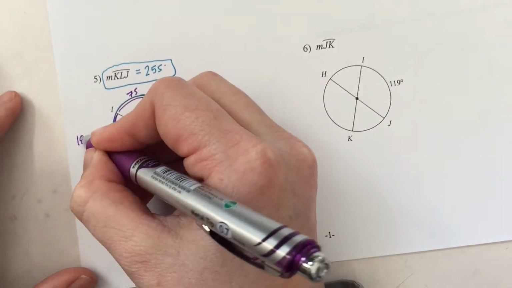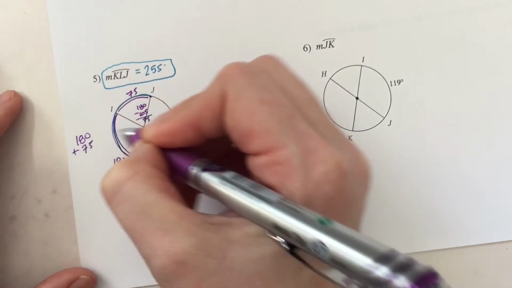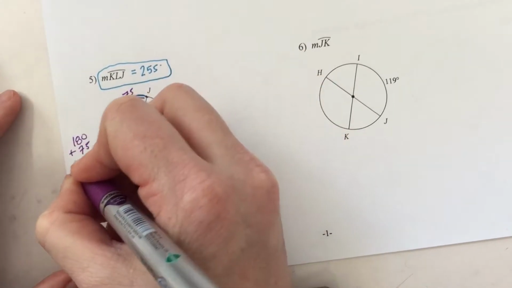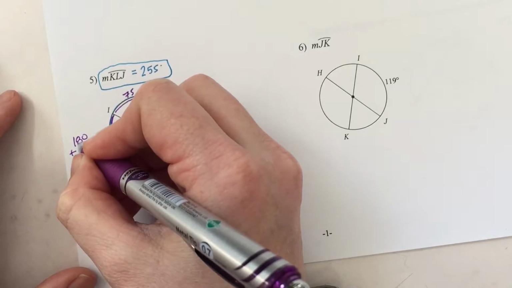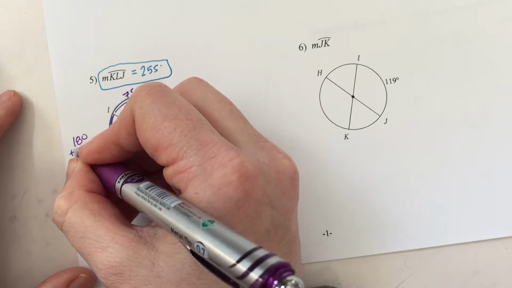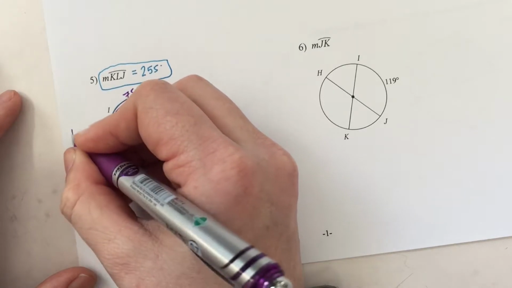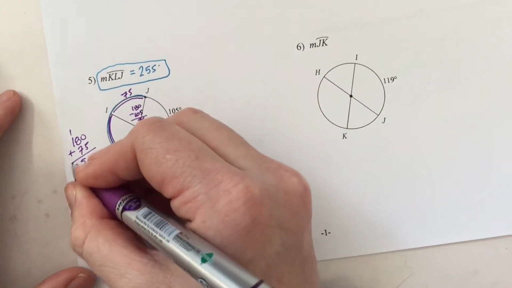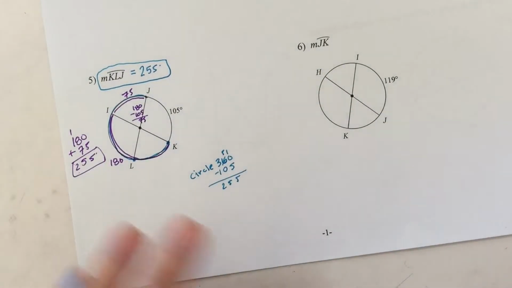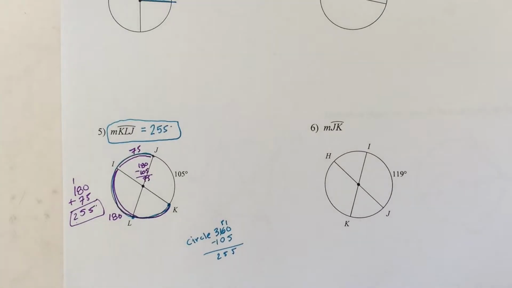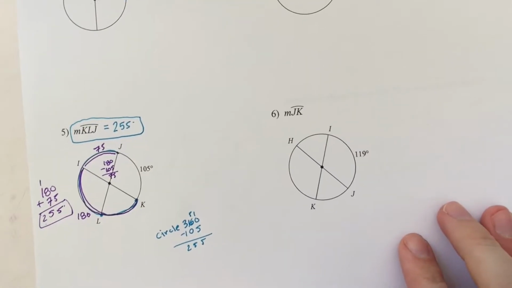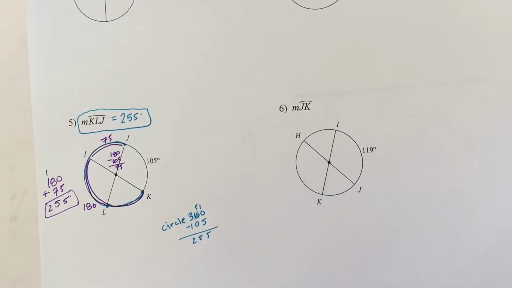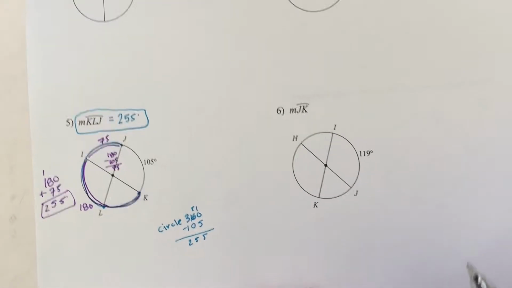And I would do 180 plus 75 for that full distance. It's 255. So there's a few different ways you can do it. As long as you get 255, you're fine. So example 6, I'm just going to do it one way. If you find this a different way, it's fine.